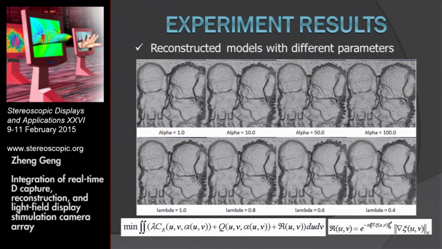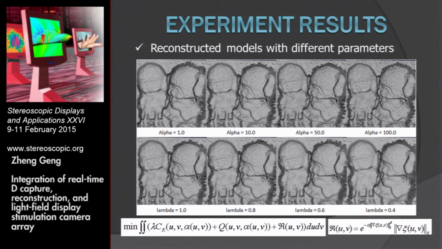We first make a simple comparison. The alpha factor is increased in the expression we previously mentioned, and you can see it gets less smooth because the weighting factor of the regularization is small, so the data item dominates, and the smoothing effect is weakened.